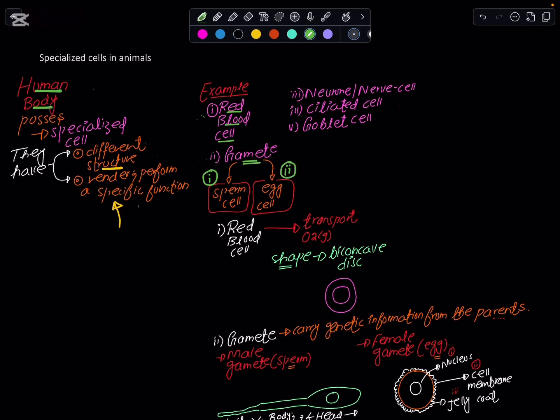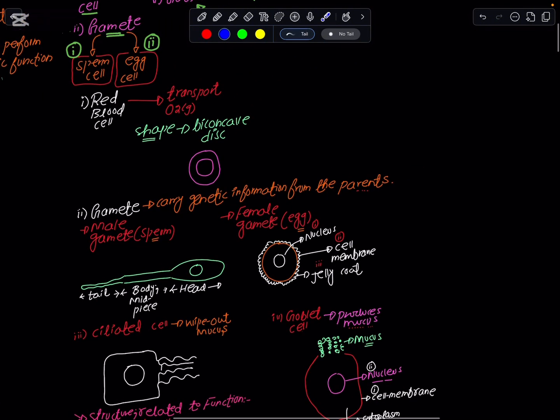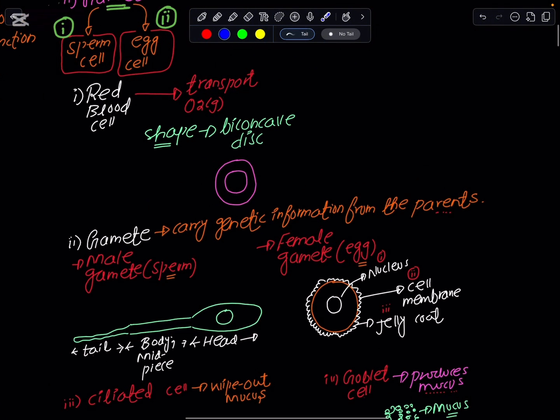Moving onward, we look at neuron cells, then the ciliated cells, and at the end the goblet cells. There exists an association between the ciliated and goblet cells, and we will see in a while how that association works.